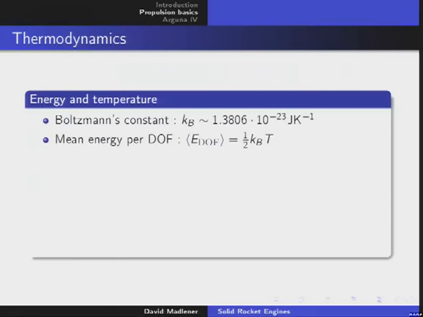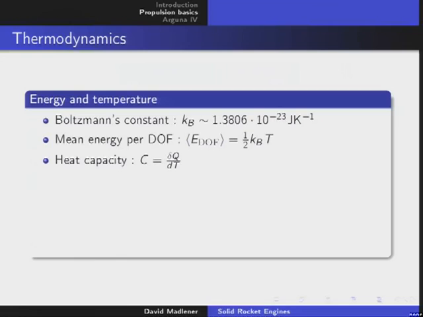So if you have a sample of air, for example here, at, what do we have here, 18 degrees or so, then you could put in T, of course, as an absolute temperature, 273 plus 18, multiply it with Kb divided by 2, and then you have the mean energy in joules that one molecule of air has in a certain direction, so flying, let's say, in the x direction or y direction or z direction, or rotating. So this is the mean energy per degree of freedom.